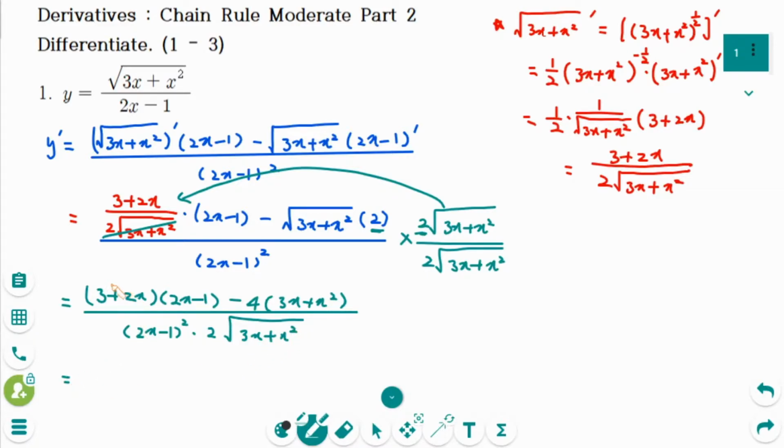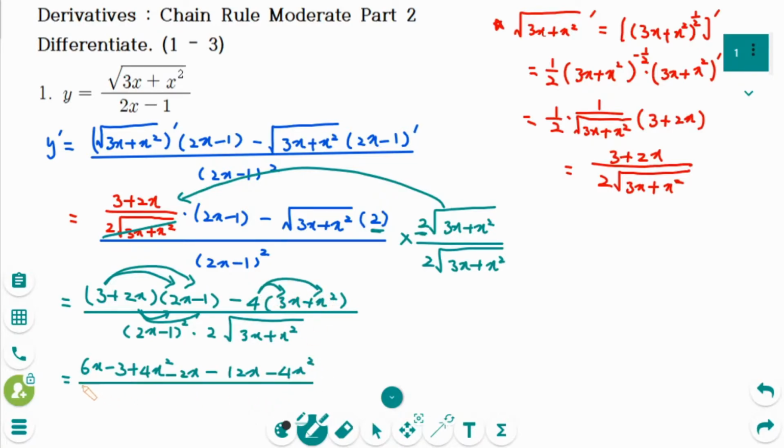Then expand. 6x minus 3 plus 4x squared minus 2x minus 12x minus 4x squared, over 2 square root of 3x plus x squared times 2x minus 1 squared.